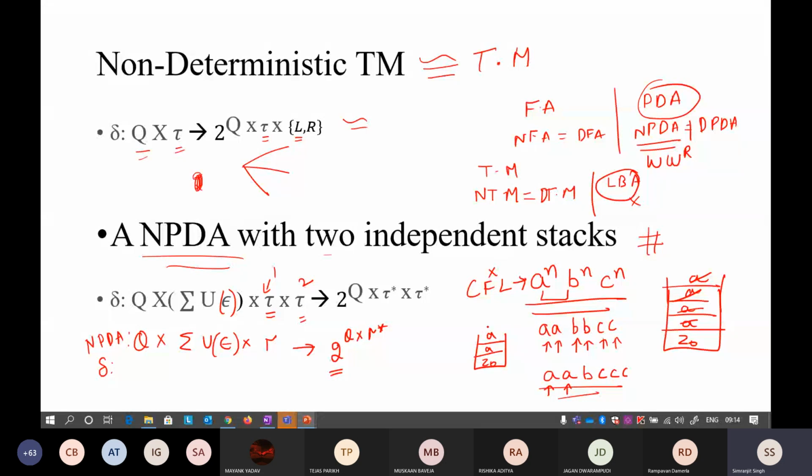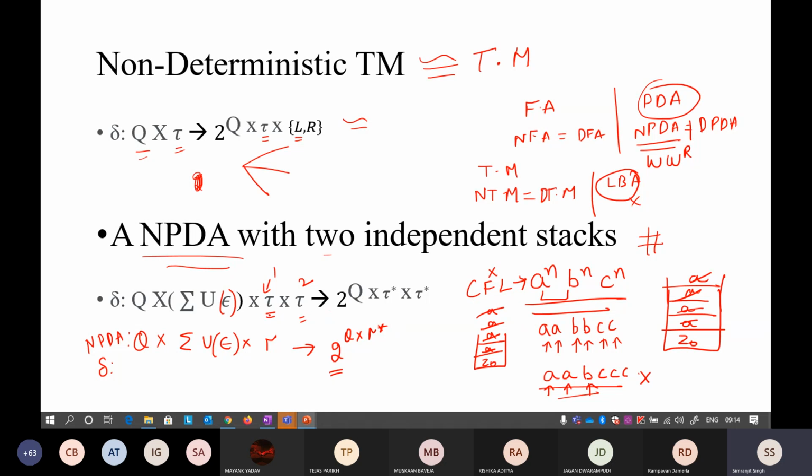When you're seeing another a, you will again push two a's. When you're seeing a b, you will pop it. When you're seeing a c, you will pop it. So this string will be accepted, but it is not a part of this language. That is why I'm saying that this is a classic example of a context sensitive language. It is not a context free language, it is a context sensitive language.